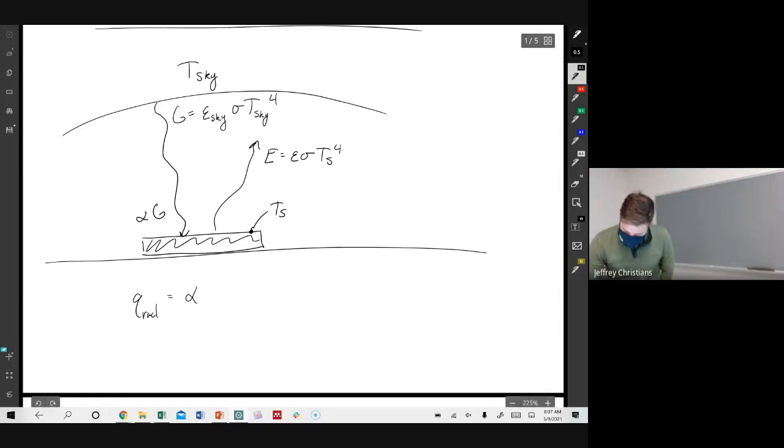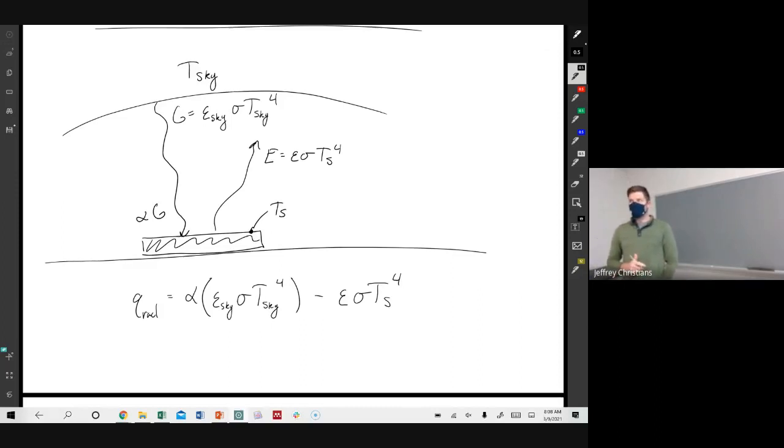It would be alpha times epsilon sky sigma T sky to the fourth. That's how much heat is coming in from radiation, minus epsilon sigma T surface to the fourth.